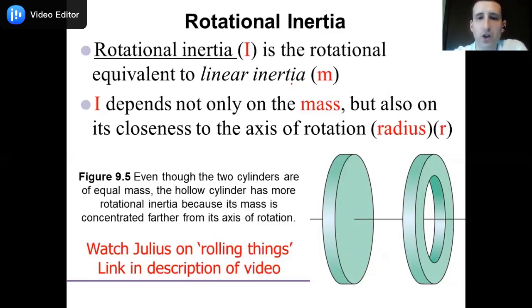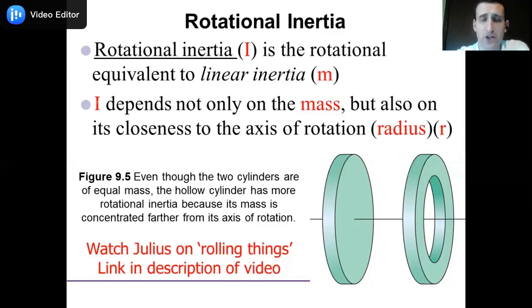Those Newton's laws of motion. The first one was the law of inertia, and the second one, F equals ma, depended on the mass as well. So rotationally, we have something called rotational inertia, and it's analogous to the linear inertia.